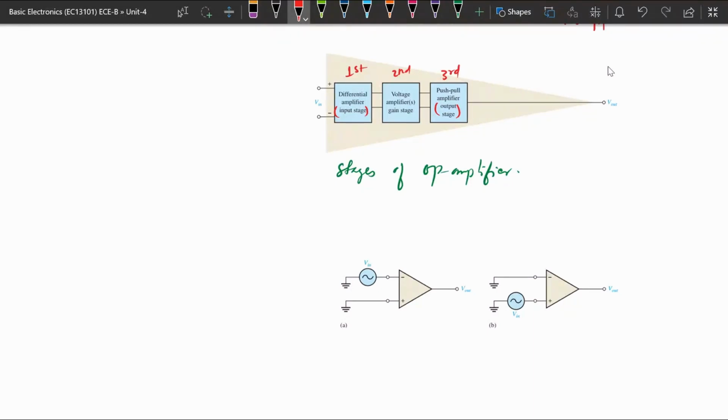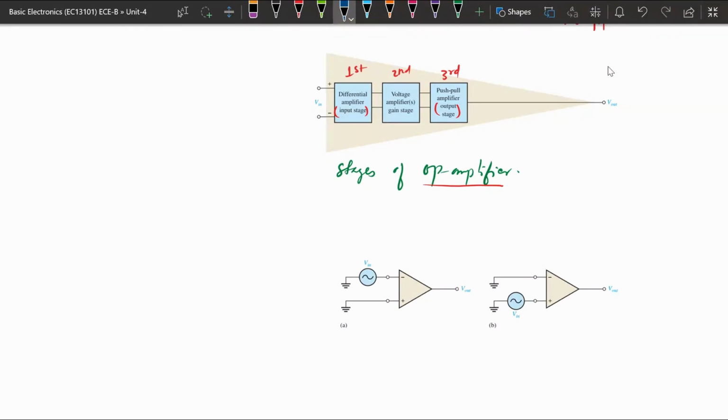So there are different advantages of these three stages, and by combining all three we obtain the operational amplifier that provides a very high input and very low output resistance.